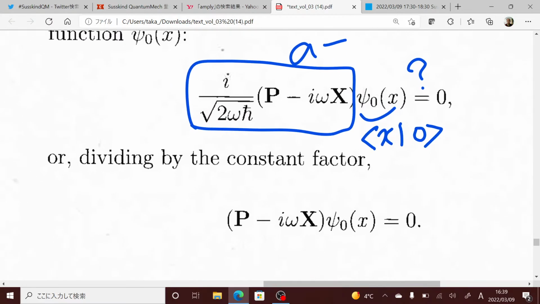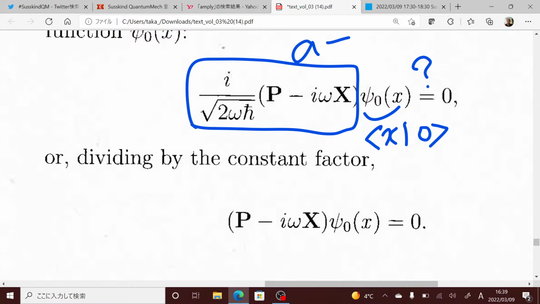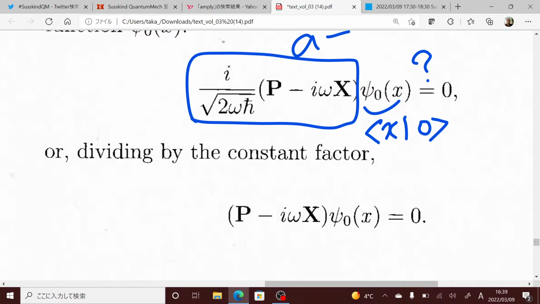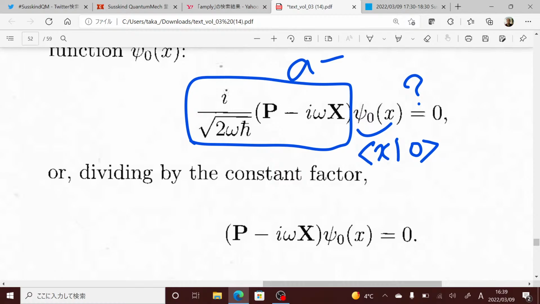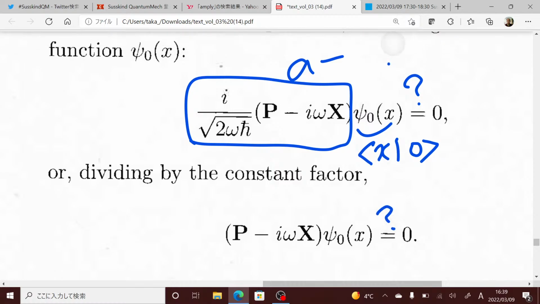So whether this is 0 or divided by the constant factor, you can remove this. So is this right or not? Okay.